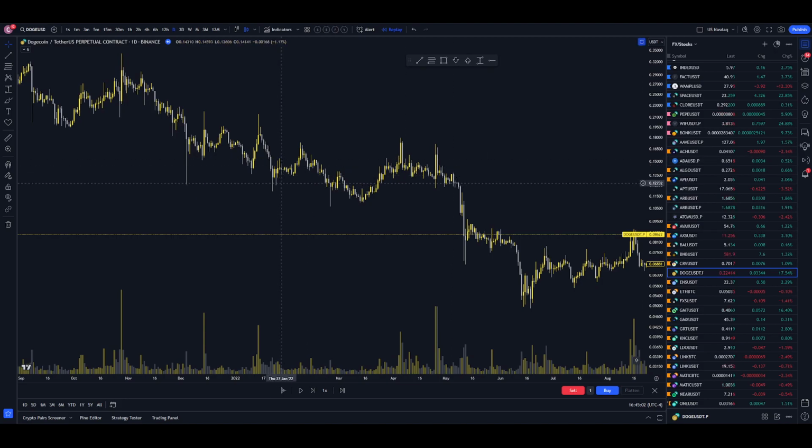So today we're going to be looking at Dogecoin to show off a couple examples of how we can use the candlestick setups that we just learned about in actionable trades.